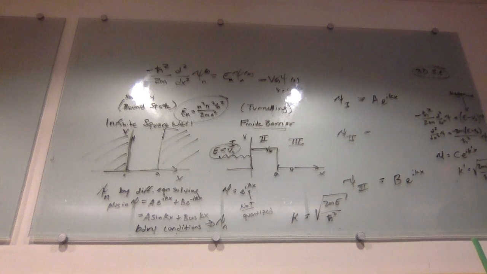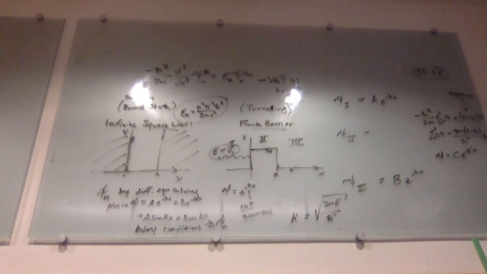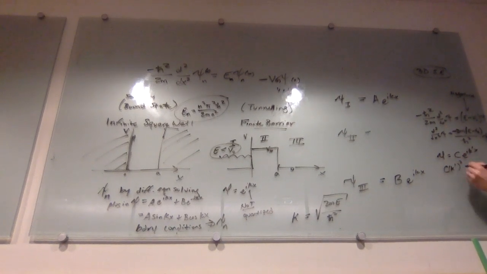should I write it out? Yeah, I'll write it out. It's the same answer, but this is the test solution. We know that second derivative of something is minus the same thing, so there has to be an i here so that when we take two derivatives, we get a minus sign. We plug in, we get C k prime squared, because two of those, minus because of the i squared, C e to the i k prime x.